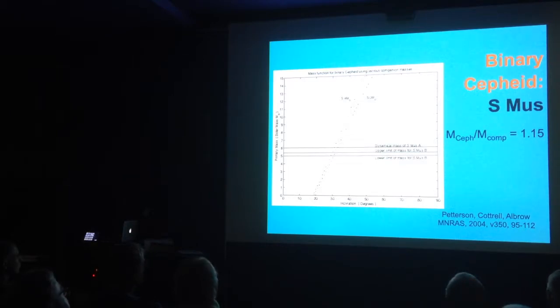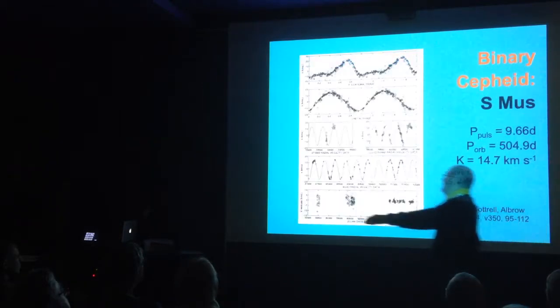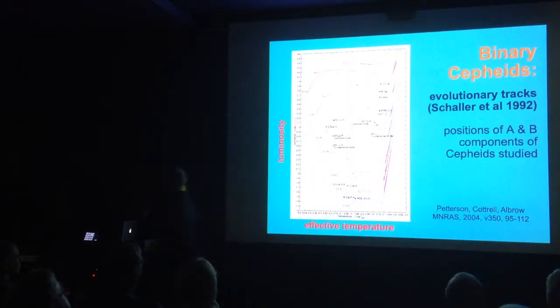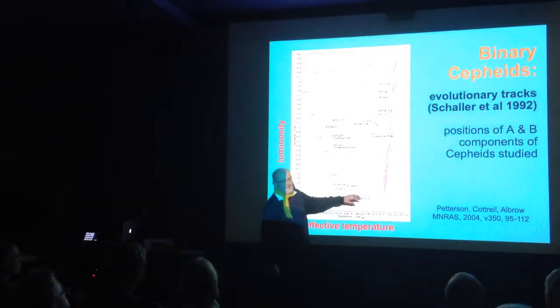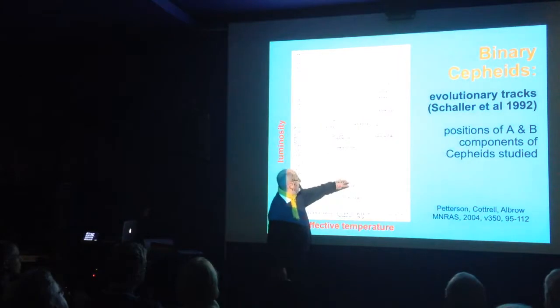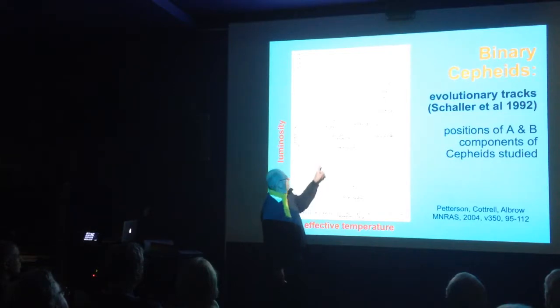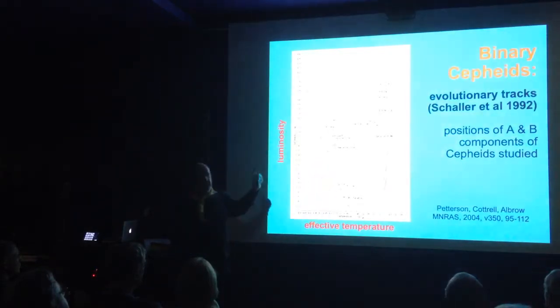If I go back a couple of slides to this one, it's important in terms of testing stellar evolution, because what you can do is put the two stars in the binary onto an evolutionary track for 3, 4, or 5 solar mass stars, and realise that if you look at the ratio there, it's about 15% different.